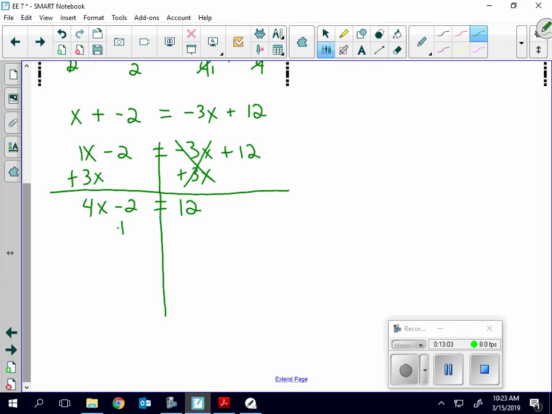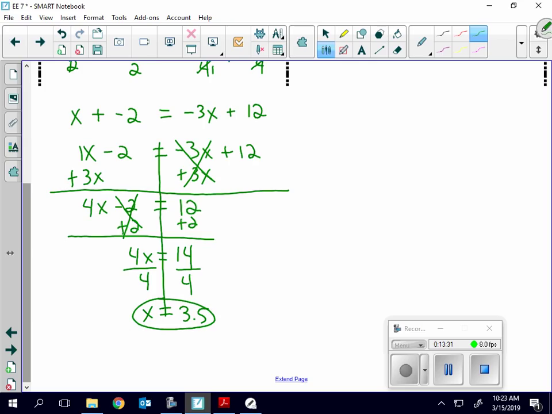Getting everything away from x, let's add 2. Getting rid of the 2's, leaving me with 4x equals 14. None of these come out evenly, that's so funny. And when we divide by 4, x is going to be 14 divided by 4, which comes out to be 3.5. Okay, you can check that. You can plug that in, but I'm not going to do that right now.